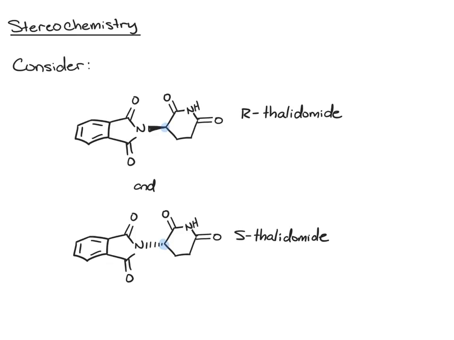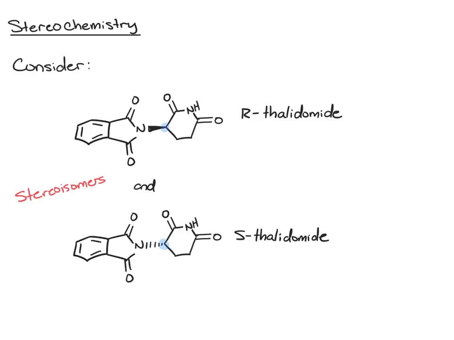Subsequent studies, however, found something kind of interesting, and this is the case for many other molecules as well. The two different molecules here are known as stereoisomers. So they're three-dimensional isomers, and we're going to get into that here in just a bit.